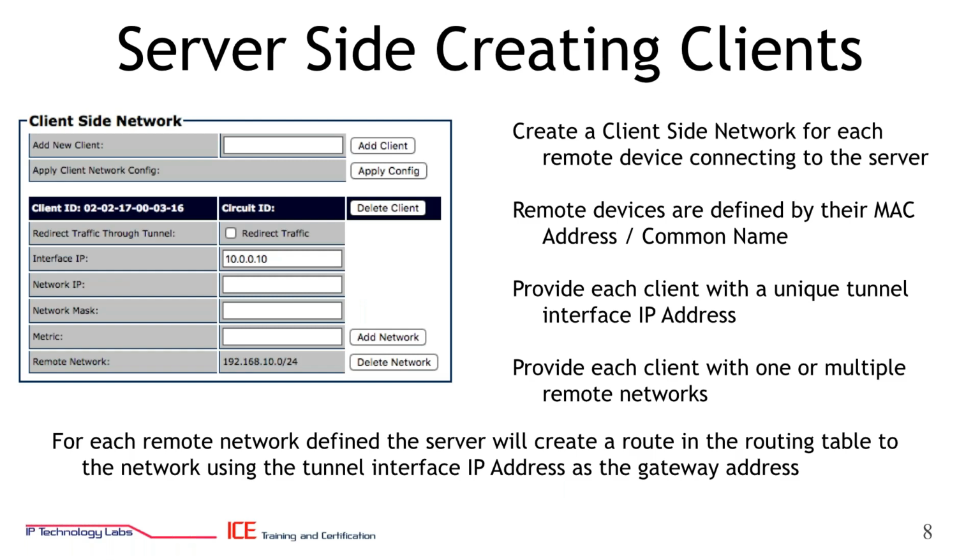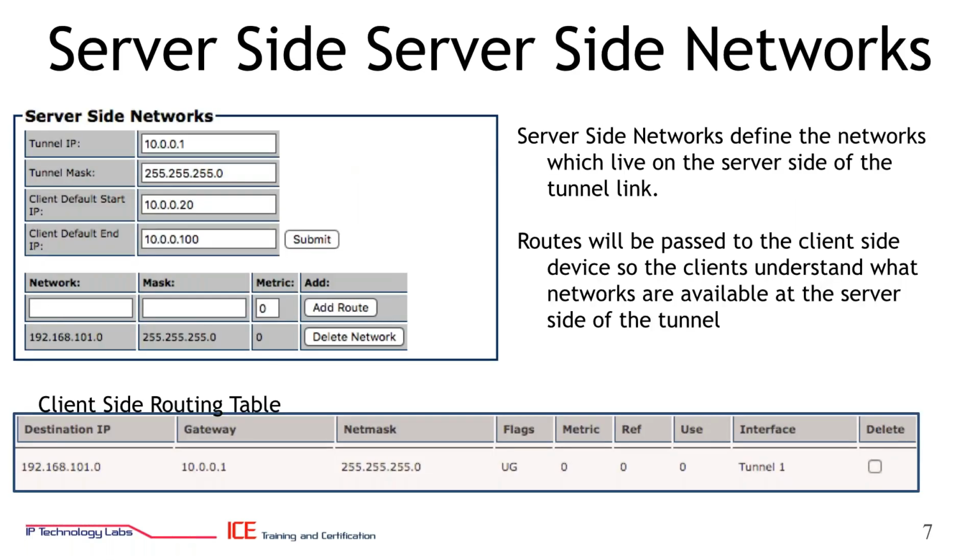To create our clients and be able to define what networks live on the client, again, this configuration is all done on the server side. We have an add new client. We put a system ID in here.